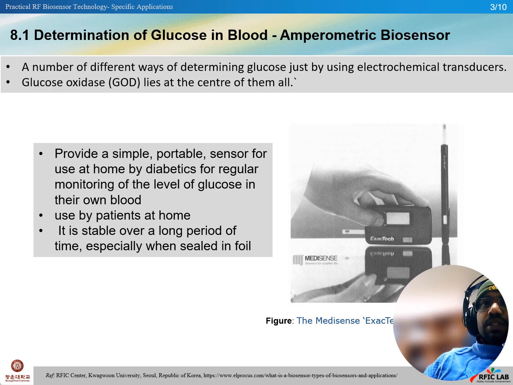It is a simple portable sensor that diabetic patients can use at home for regular monitoring of the glucose level in their own blood, and it is stable over a long period of time, especially when sealed in a foil.